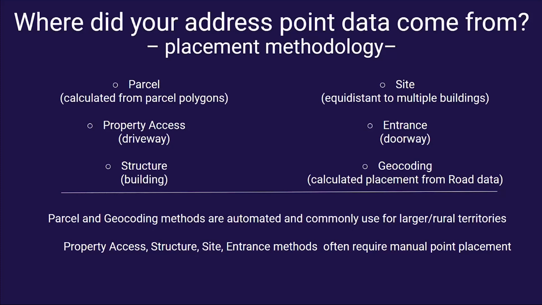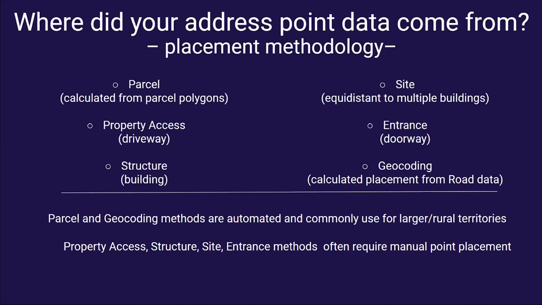More often than not, the core of your address point data was sourced from parcel information. This is useful. However, there are some limitations with parcel information, specifically if you have multiple addresses on one piece of land, one parcel site. One parcel address is associated with that parcel. If you have more addresses, then those may not actually be reflected in your GIS data. So there could be additional review needed.